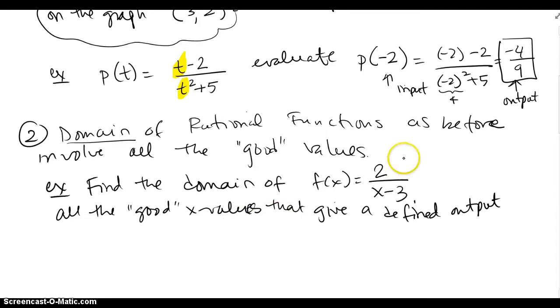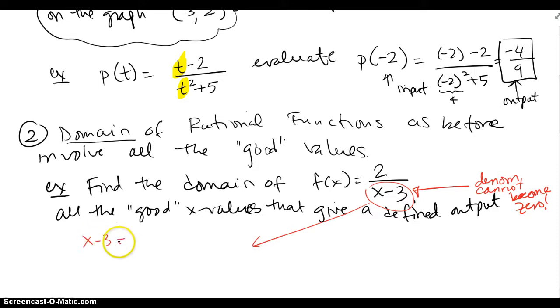So since this has a denominator, and all rational functions will have a denominator, we want to make sure that the denominator cannot become 0, because we know when a denominator becomes 0, the expression becomes undefined. So you kind of think backwards and you think, when will this be 0? You pull it out and you say, well, if x minus 3 is 0, x equals 3 is a bad value.